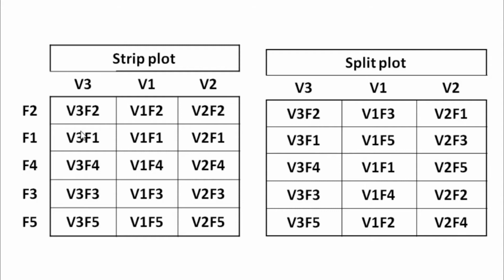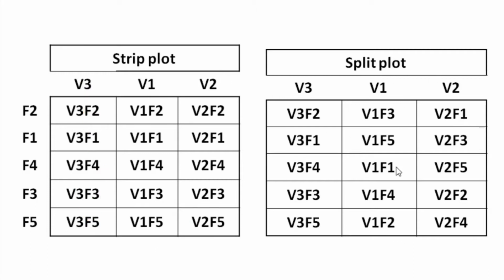In a strip plot, we consider varieties B3, B1 and B2, and on the left side the fertilizer doses F2, F1, F4, F3 and F5. All of the F2 are together, all of the F1, all of the F4, all of the F3, all of the F5, and all of the B3, B1 and B2.